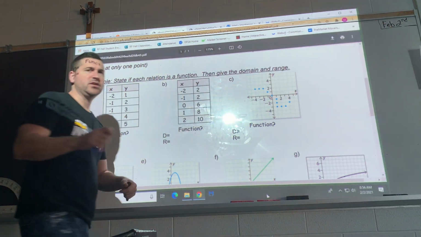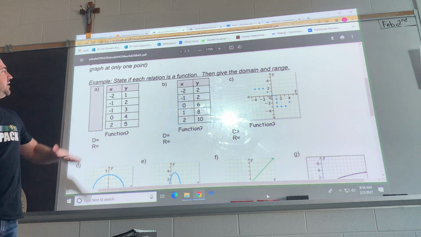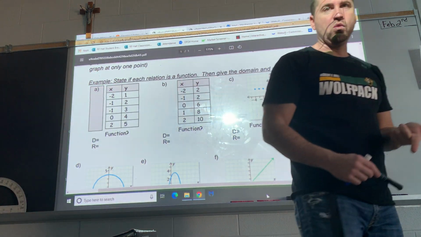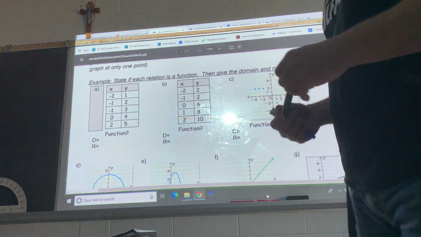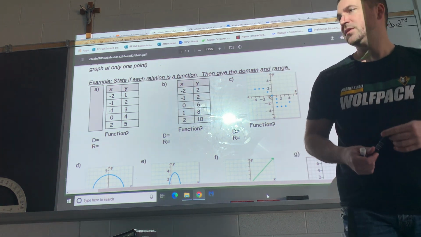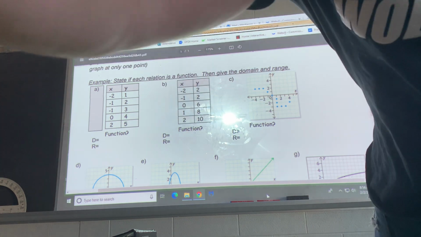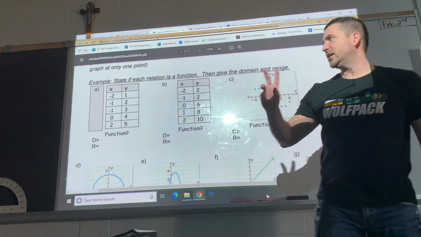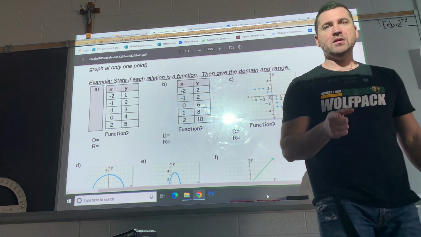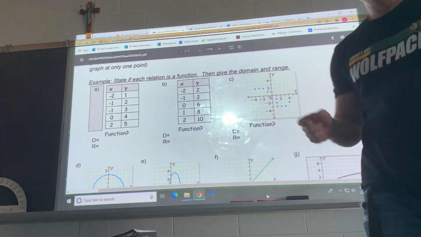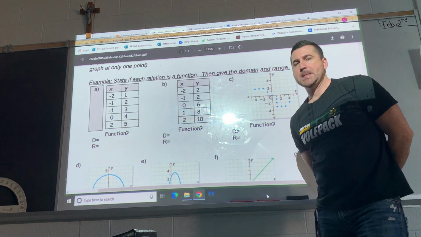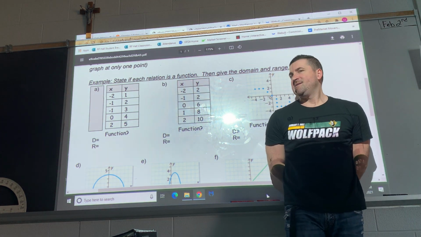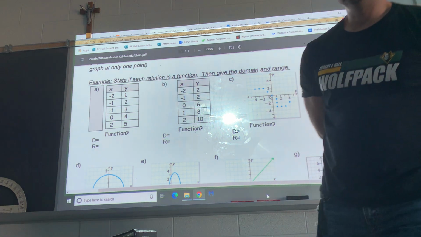You guys can use your microphones and tell me, does each x value here have only one answer for y? Yes or no? Okay, a couple of yeses. But be careful.